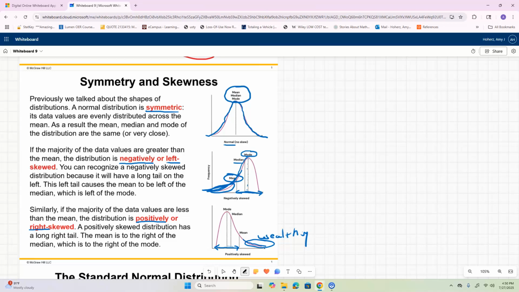Well, those wealthy folks bring the overall average up. A few people being extremely wealthy can pull that average up. And so if we were to give the mean, it would look like a majority of people had a higher income than they do. So you'll very often hear median used to describe the income of people because it is a little bit better representation of the data.